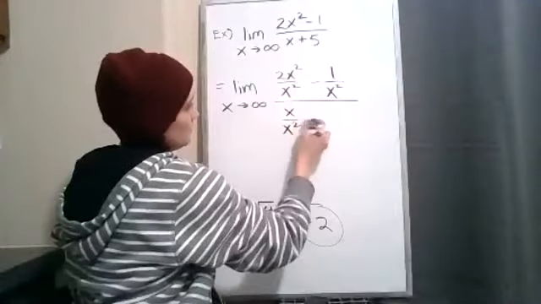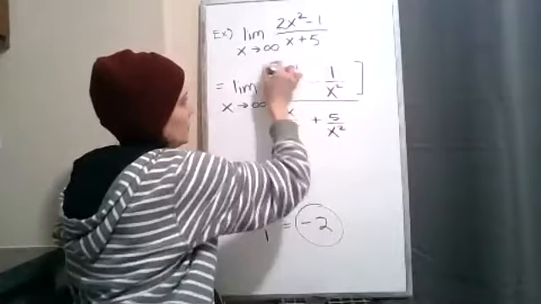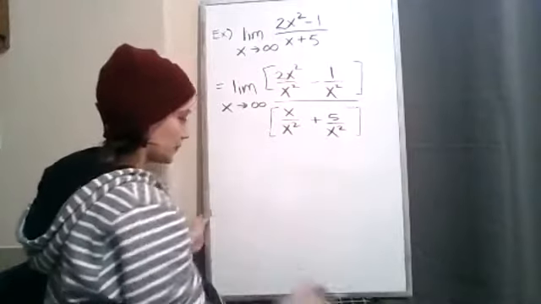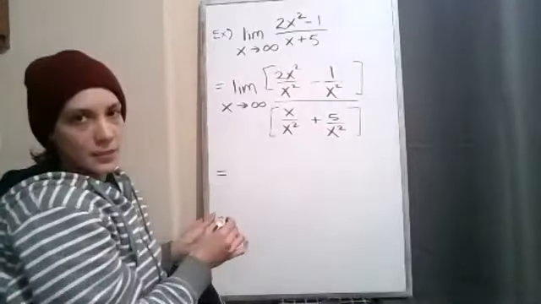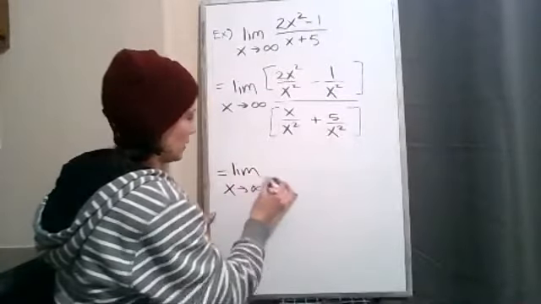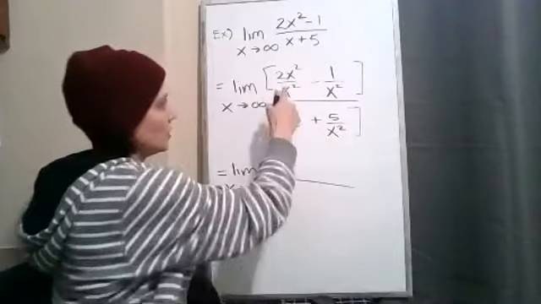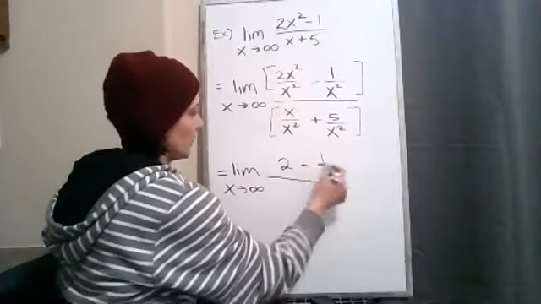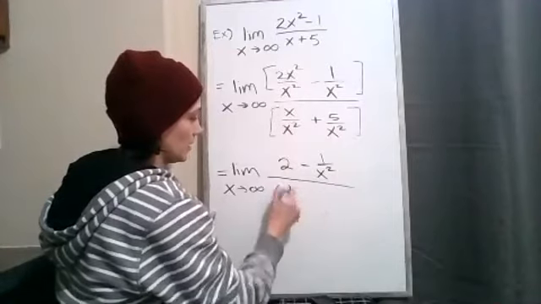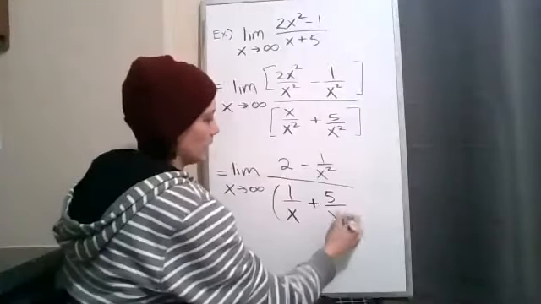That's the numerator, there's the denominator. Just simplify the fractions. You get the limit as x goes to infinity of 2 minus 1 over x squared, over 1 over x plus 5 over x squared.